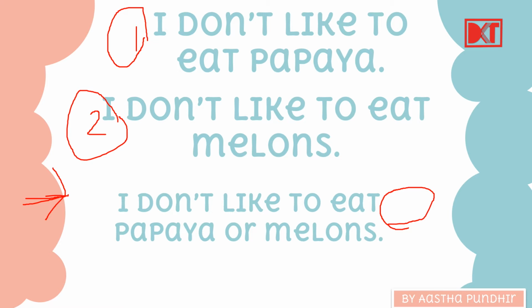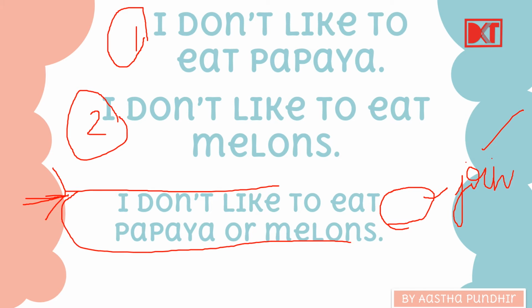So what did the word or do here? It joined both of these sentences. Join कर दिया, ठीक है, join कर दिया और meaning भी provide कर दिया. Meaningful sentence बना ना ये. I don't like to eat papaya or melons, right?